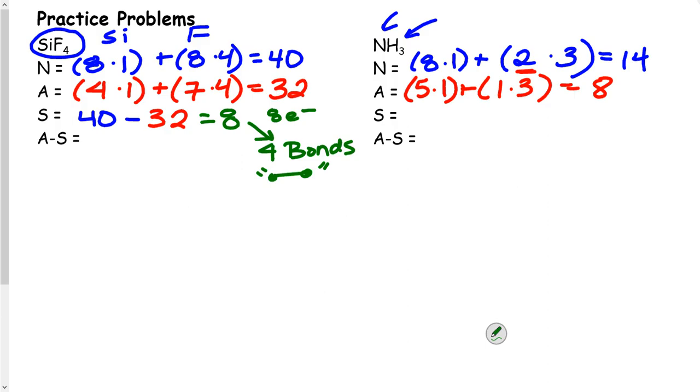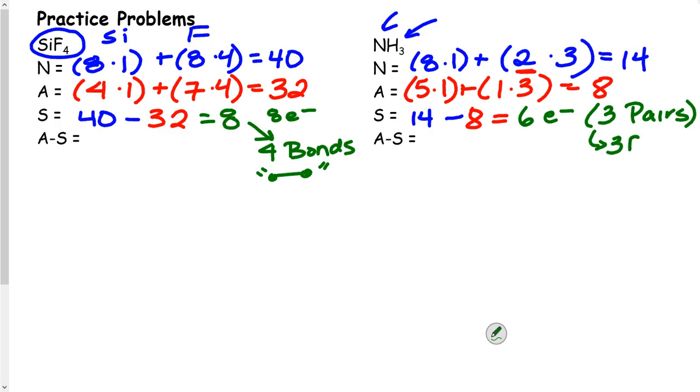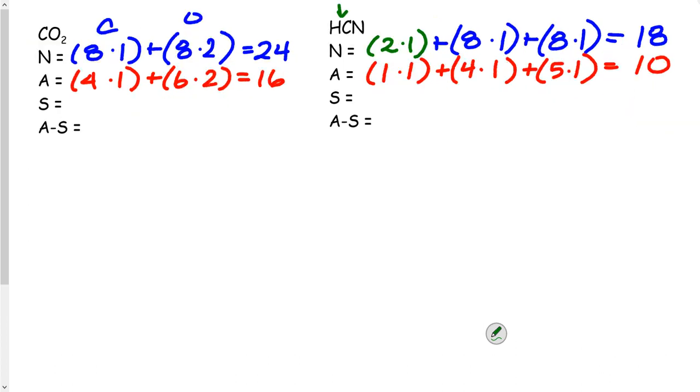Let's do the same thing for NH3. 14 for N minus 8 for A is 6. If you have 6 electrons, that means you have 3 pairs of electrons. In other words, you can make 3 bonds. Hopefully that's starting to click.